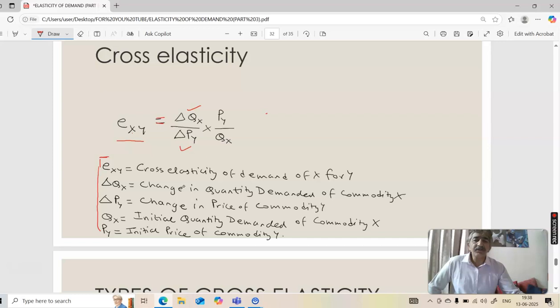It means change in the price of related commodity Y. Okay, multiply by, this is multiplication sign which I have overlapped with red pen. P_Y, I'm reading over here. P_Y means initial or original price of commodity Y, that is related commodity. Okay, and Q_X I've already clarified that X is the main commodity and Y is the related commodity. So Q_X is the quantity demanded, initial quantity demanded of commodity X here.